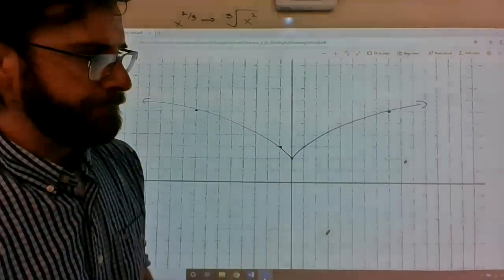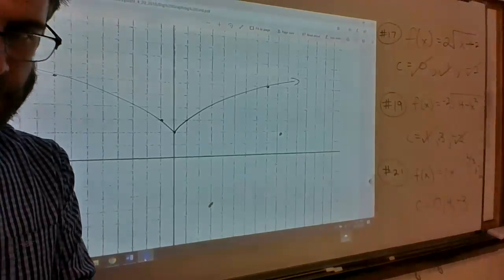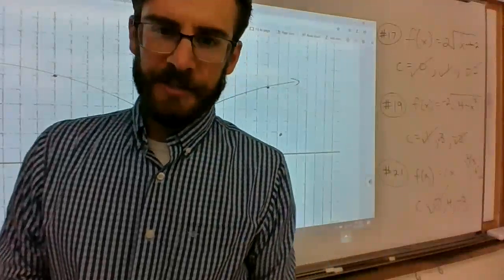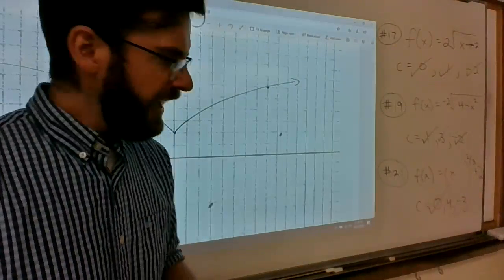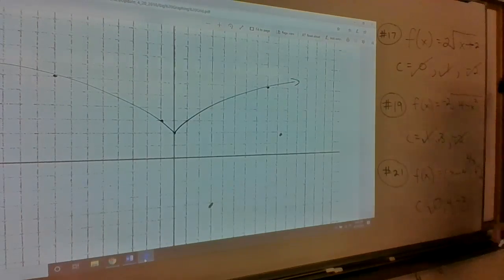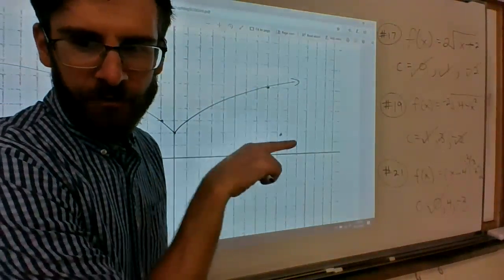So there's where c equals 0. And c equals 4. Hopefully you guys are anticipating this. It's just going to shift right 4 units.